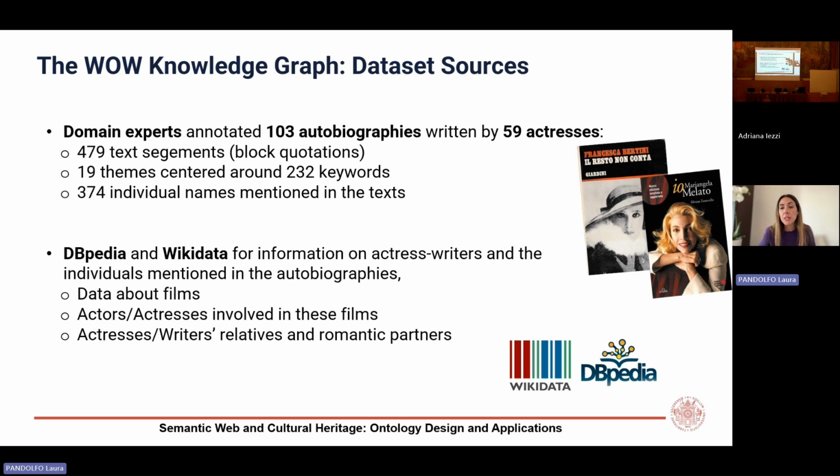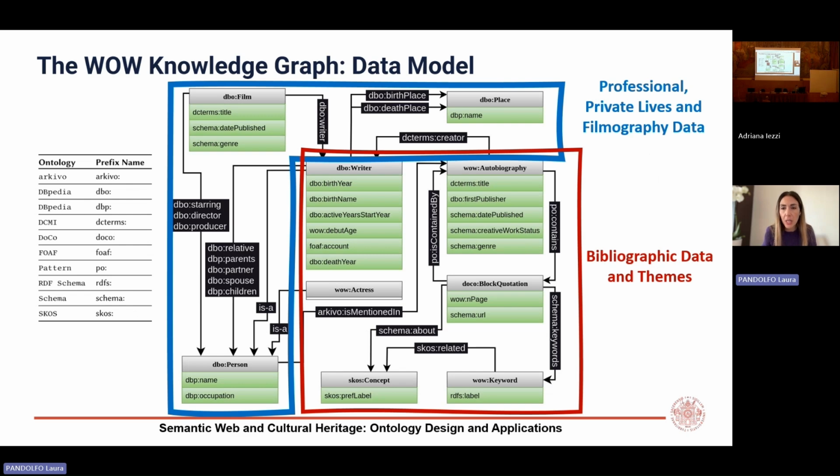Our knowledge graph has been integrated with data from external platforms. This data provides some additional context, including information about movies, co-actors, and other information about the personal networks of the actresses.